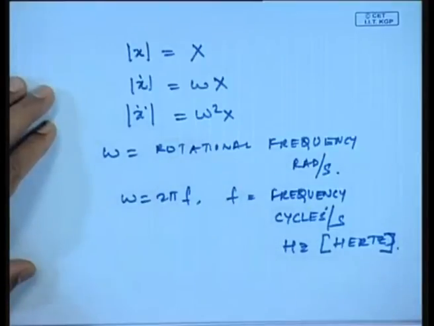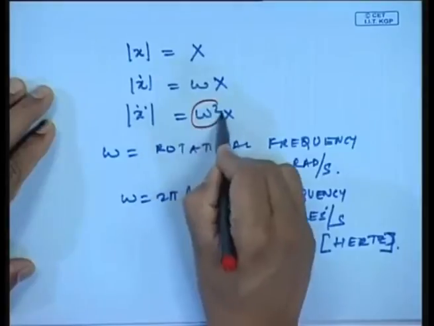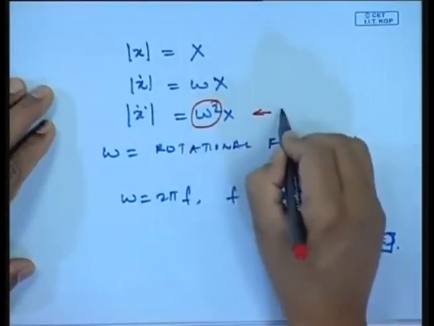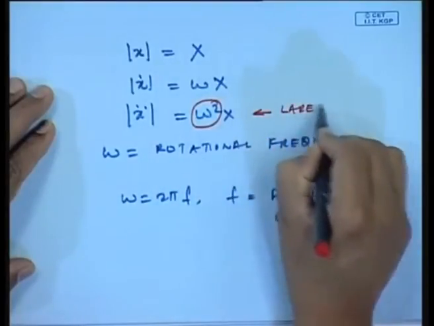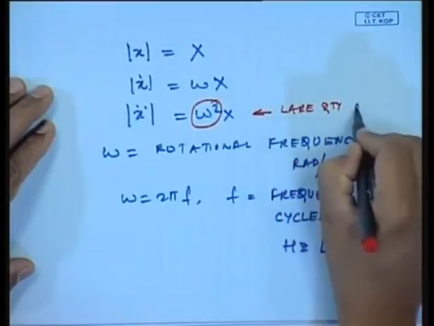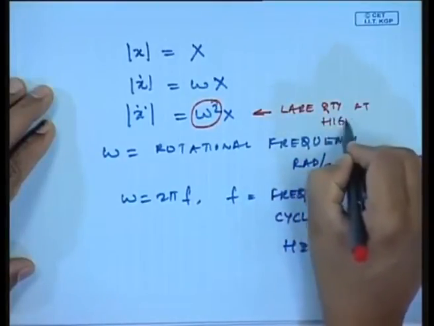But you will see that at high frequencies, because of this omega square term, there is a large quantity at high frequencies.